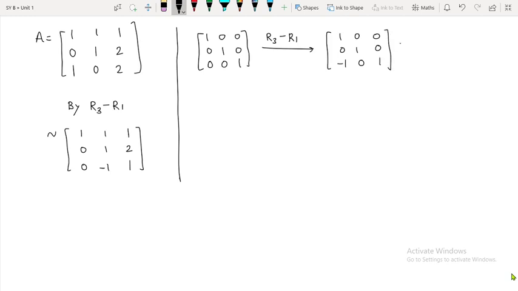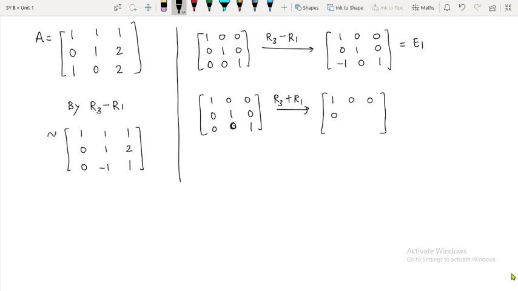This is our E1. Now let us find E1 inverse. It's simple, right? We perform the inverse elementary row operation, that is R3 plus R1. So this is nothing but 1 0 0, 0 1 0, and 1 0 1, and this is our E1 inverse.